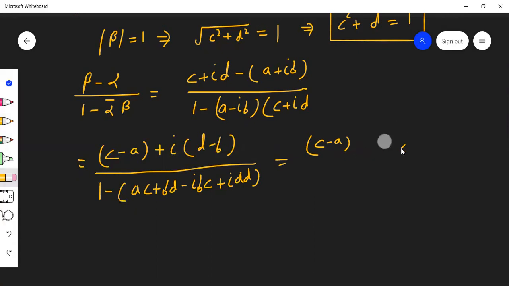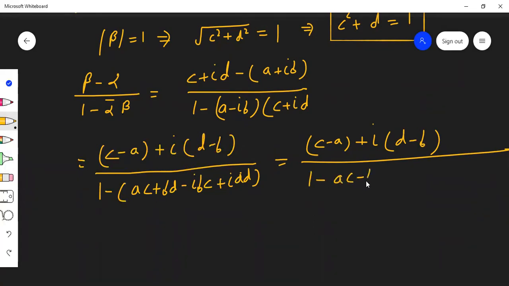In the denominator we will write real and imaginary parts separately. The denominator comes, when I take the real part together, as 1 minus ac minus bd, and the imaginary part, so this will become positive, plus i, bc becomes positive, and ad becomes something like this.